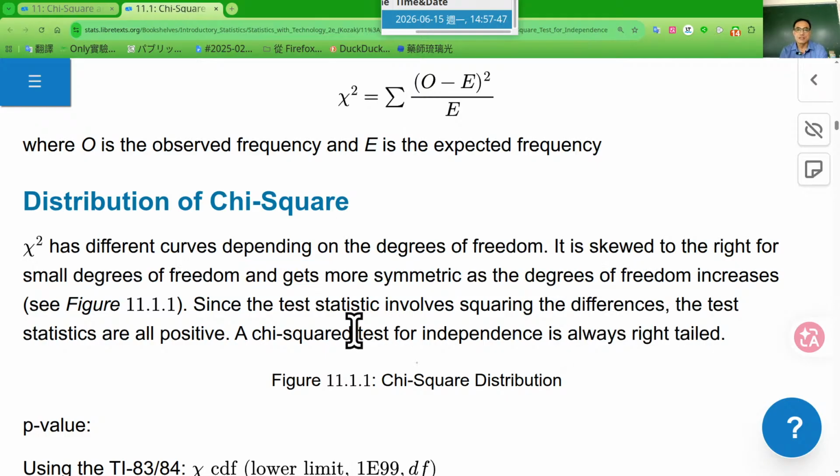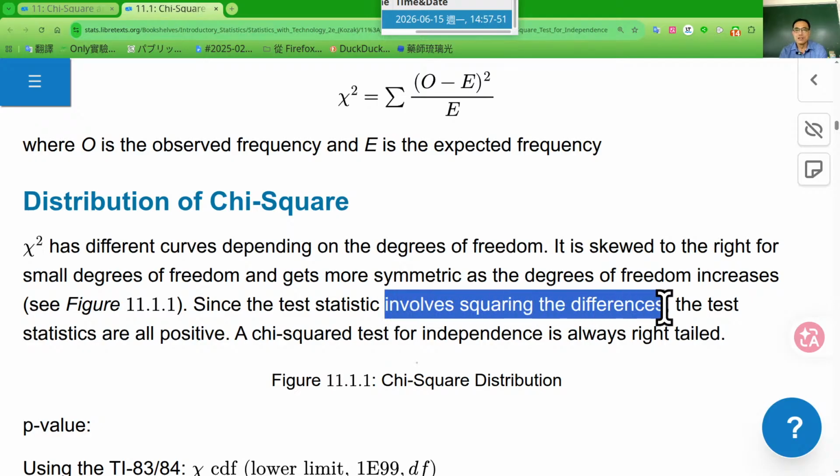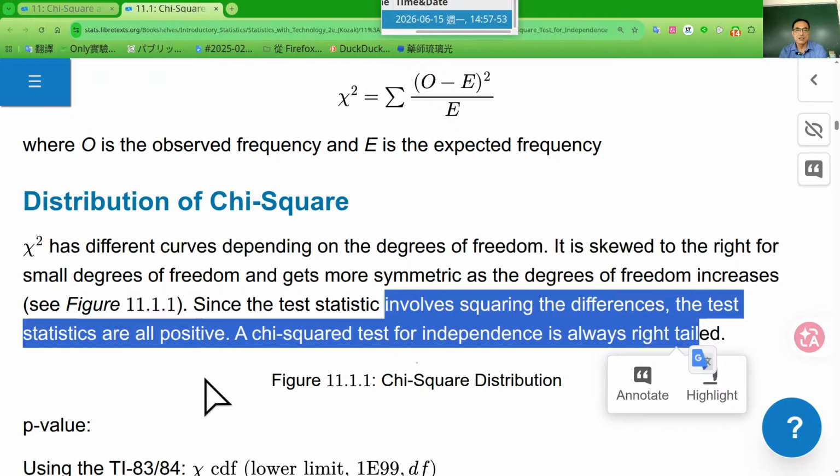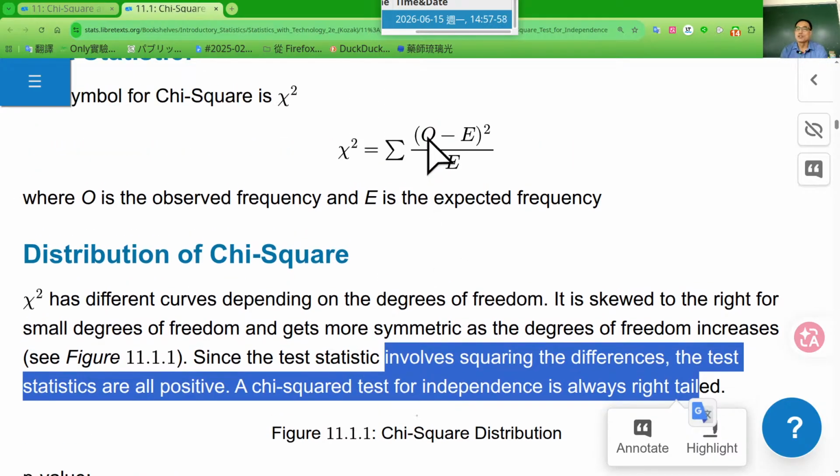Since the test statistic involves squaring the differences, the test statistics are all positive. Why? Observed minus expected could be positive or negative, and after squaring, all values become positive. We did something similar when we learned how to calculate standard deviation, right?